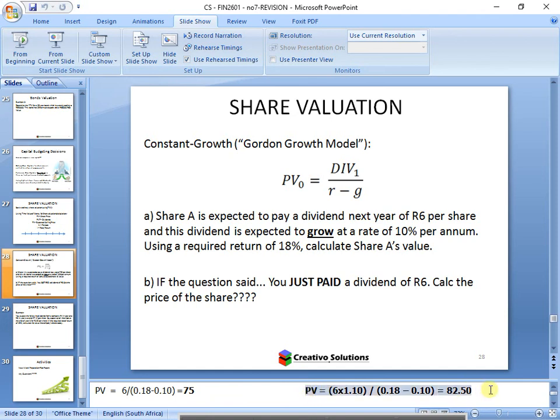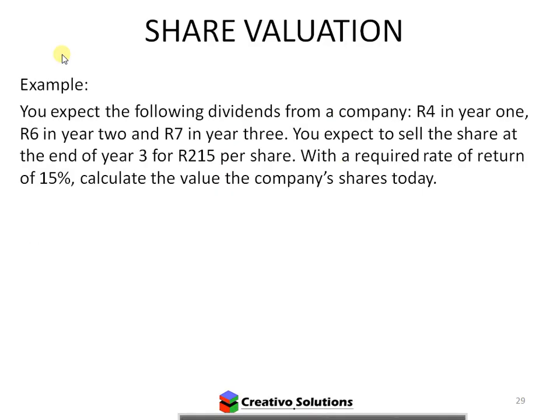So there's the PV: 6 times 1.1 divided by R minus G gives you 82.5. Is that alright? So just be careful with the numerator. Make sure you get the right dividend before doing the calculation. Are we okay?